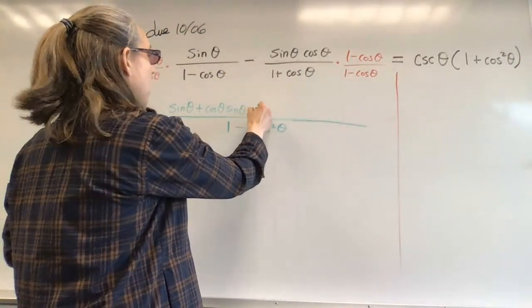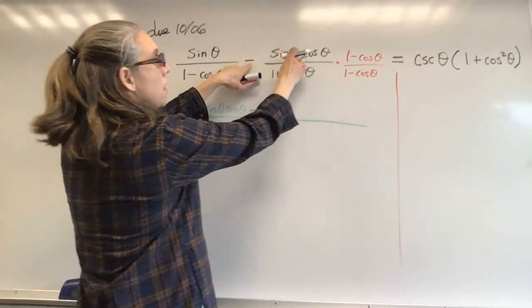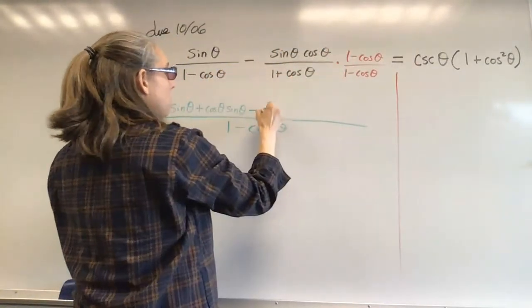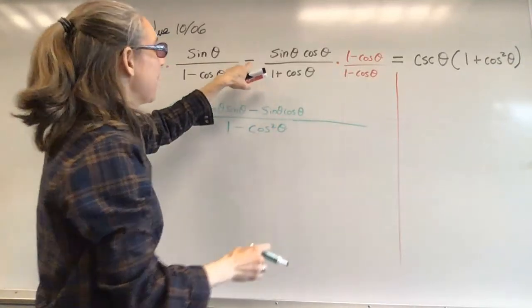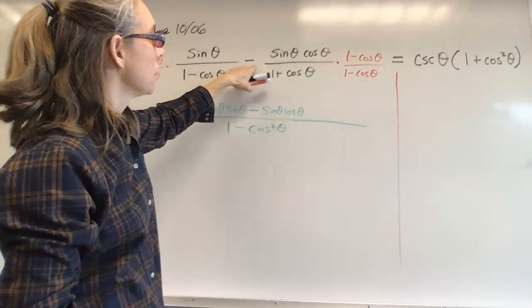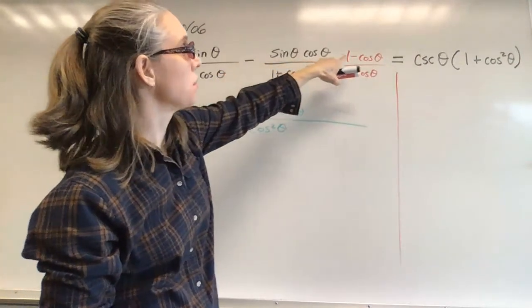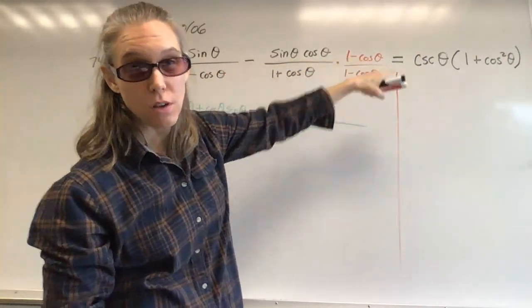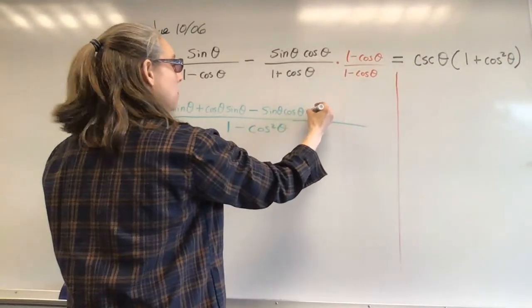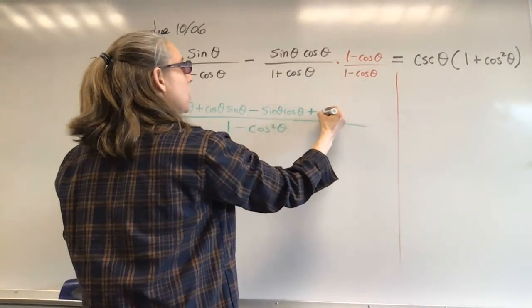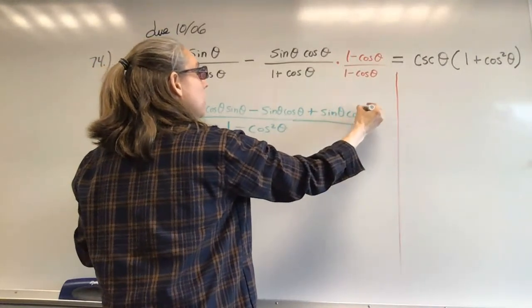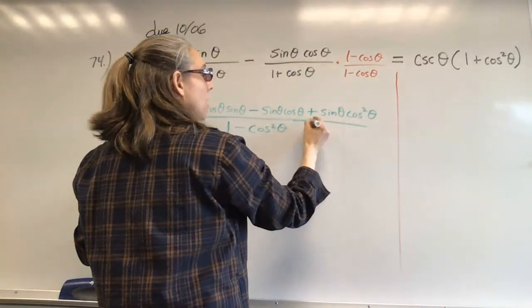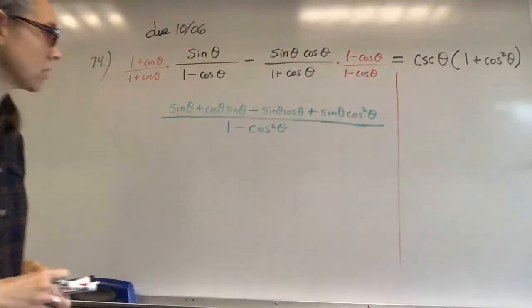So I'm going to have negative sine theta cosine theta times 1. And then negative sine theta cosine theta times negative cosine theta, which becomes a positive sine theta cosine squared theta. That was a little tricky.